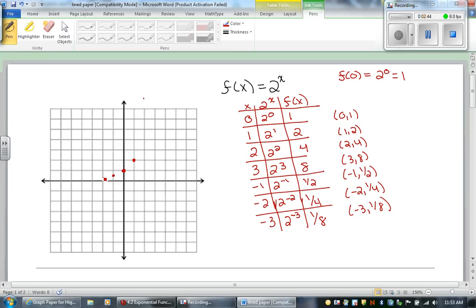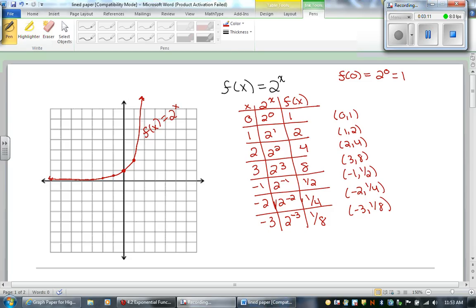Negative 2, 1/4. Negative 3, 1/8. It's going to get closer and closer to that x-axis. Let's just sketch this in. And then this is going to get smaller and smaller and closer and closer to that x-axis. Okay? So we have our function f of x equals 2 to the x power.